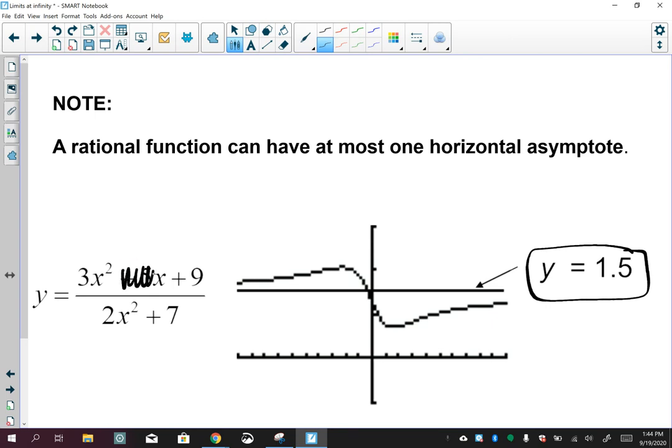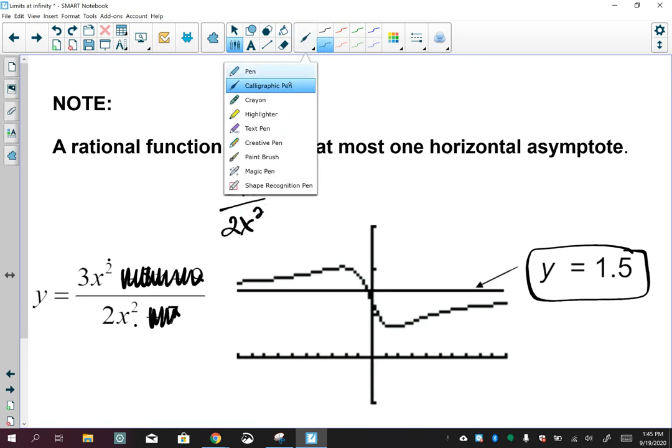I told you I don't care about that, and I don't care about that. I only care about the highest exponents on each of them. And so if you take a look at it, something special happens. In this case, we have 3x squared over 2x squared.